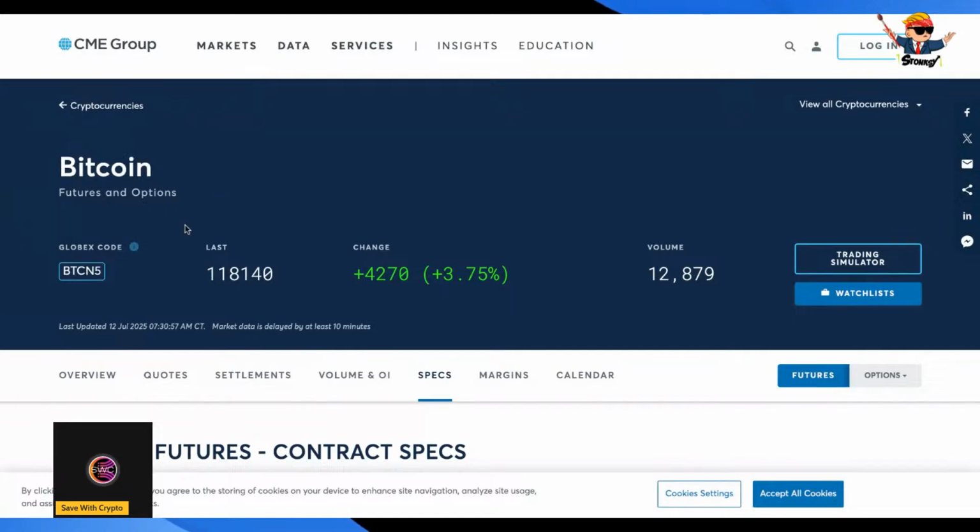Now the CME closed at $118,140. I did check this out, and I compared that price with what, for example, the Bybit chart was showing. So the Bybit USDT perpetual chart, which I think is the one I was looking at a few seconds ago. Yes, it was. And there's about a $500 premium on the CME one.